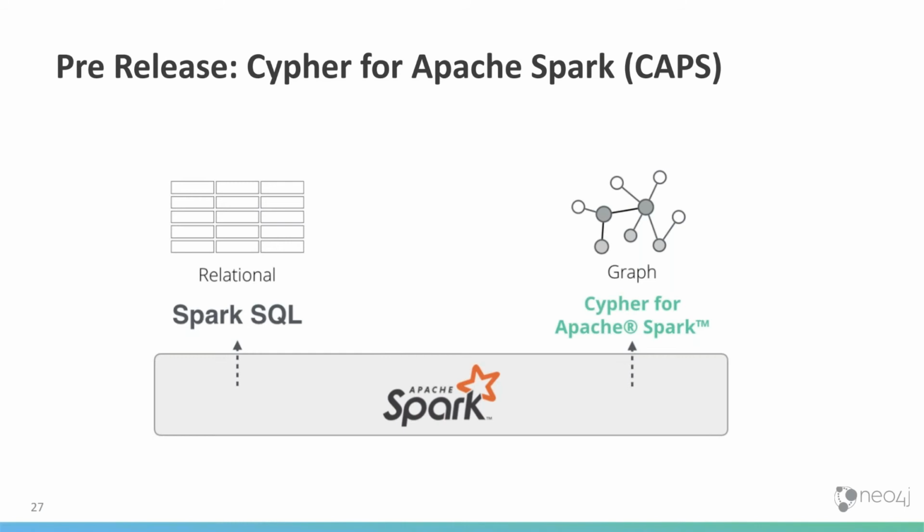And what they've done is they're releasing it under the Apache license, so it's very friendly for Spark environments. And what it does is, like Spark SQL operates on relational information, Cypher for Apache Spark creates graphs out of data that would be drawn into Spark as a computation engine.